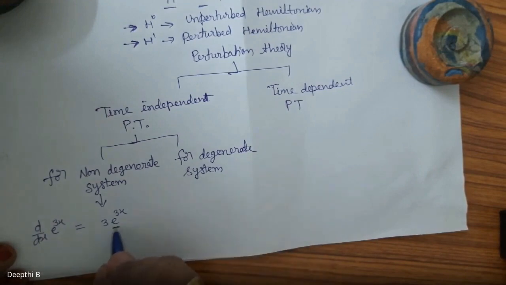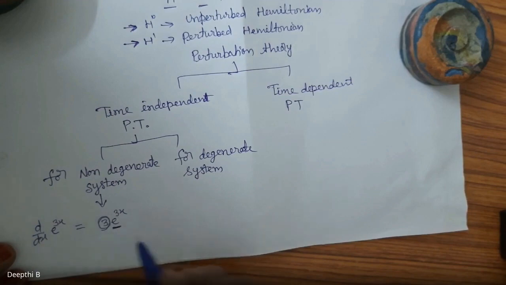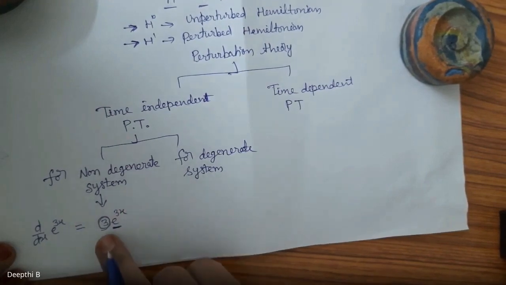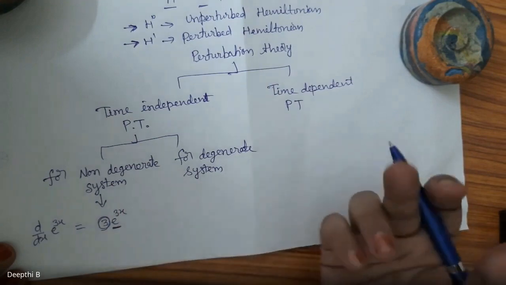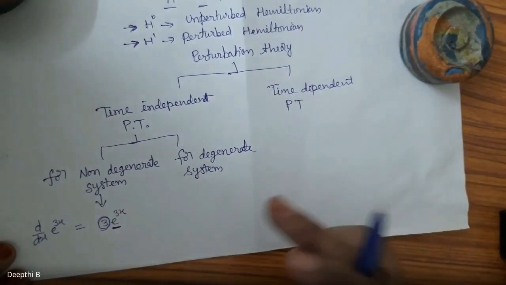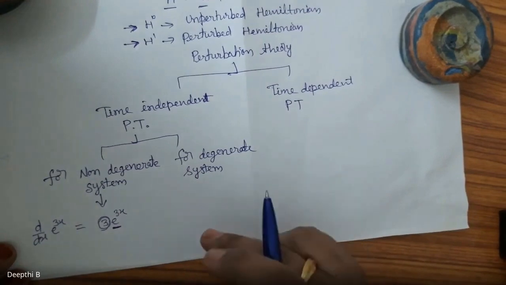So there is no change in function, but the eigenvalue is there. So only one eigenfunction for any eigenvalue, and at that time the system is called non-degenerate. And if the eigenvalues are changing, then eigenfunctions are also changing, so at that time it is a degenerate system.